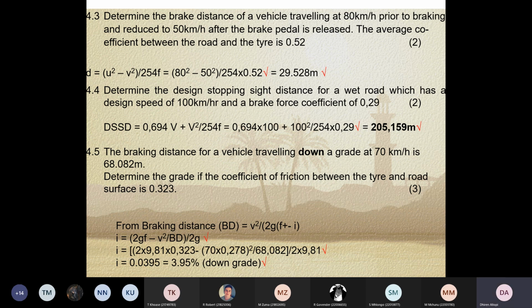Go back and tackle each question again and see if you can come up with the expected answers. If you still fail to come up with the expected answers, then look at the full solution. Okay, like I said, you have access to it.